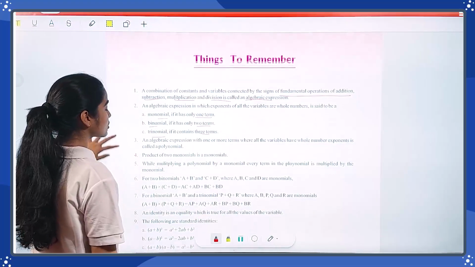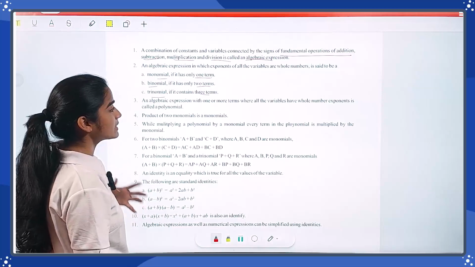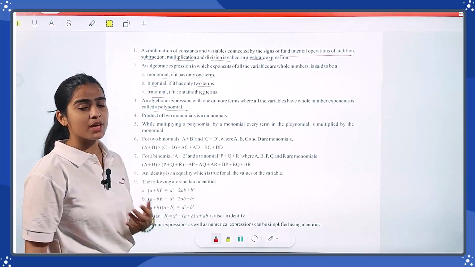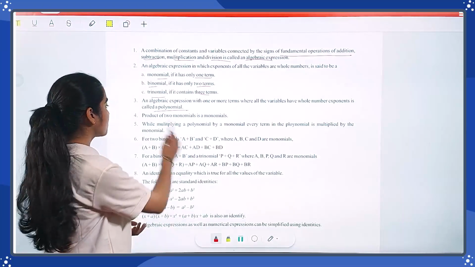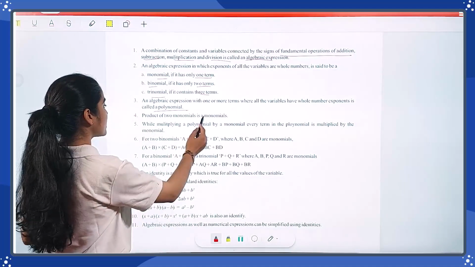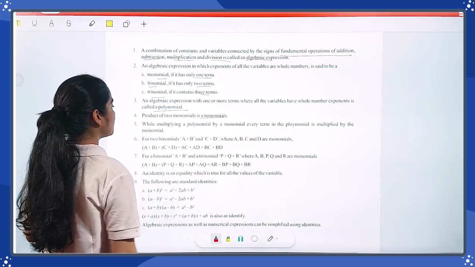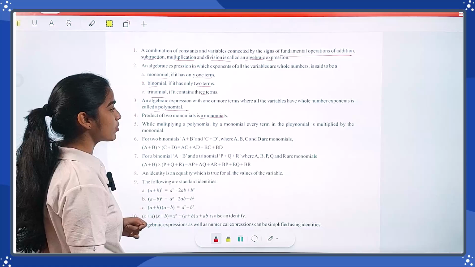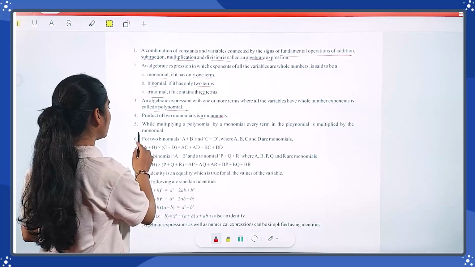Algebraic expressions with one or more terms where all the variables have whole number exponents are called polynomials. The product of two monomials is always a monomial. While multiplying a polynomial by a monomial, every term in the polynomial is multiplied by the monomial.